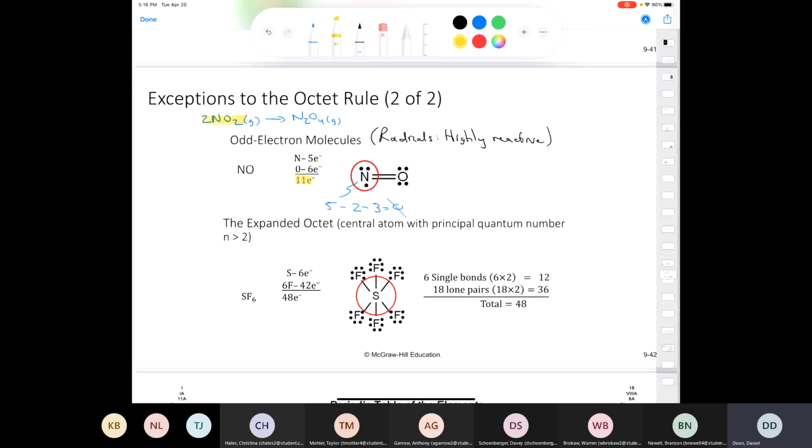Now, an example that's going to come up a heck of a lot more than the first 3 exceptions is the expanded octet. Expanded octets come up a lot. The reason why is because many elements in the periodic table can expand their octet.